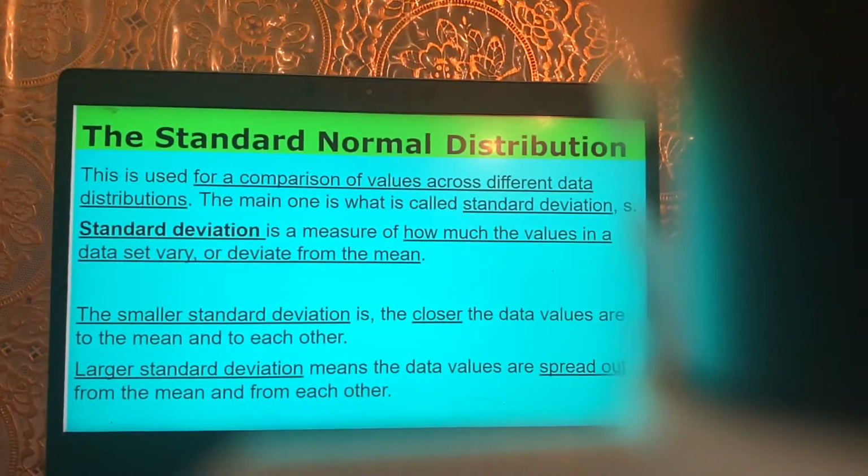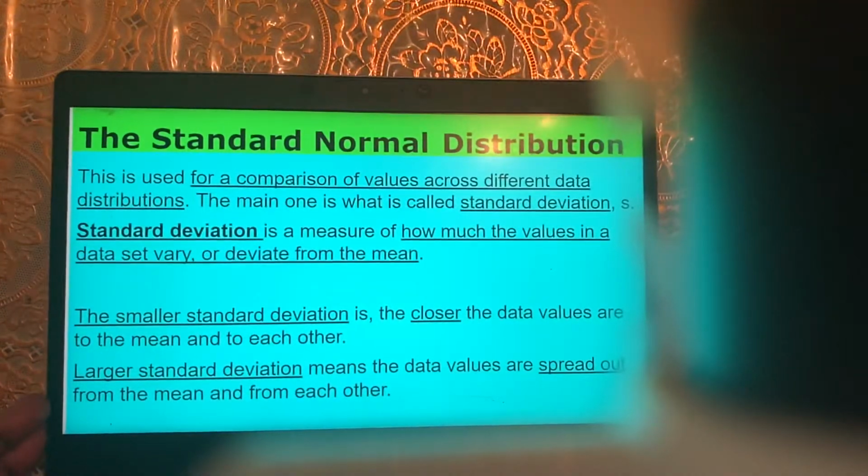This is used for a comparison of values across different data distributions. So the main one is what is called standard deviation, or S. Standard deviation is a measure of how much the values in a data set deviate from the mean. So this measures how much each data value differs, varies or deviates from the mean.